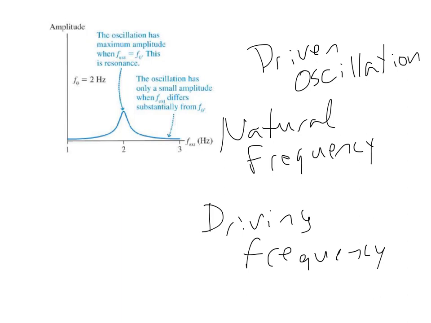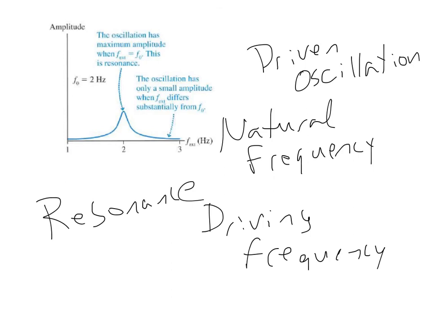So the amplitude reaches a maximum when that driving frequency matches the system's natural frequency. This large amplitude response to a driving force whose frequency matches the natural frequency of the system is called resonance. And within the context of driven oscillations, that natural frequency is then often called the resonance frequency.